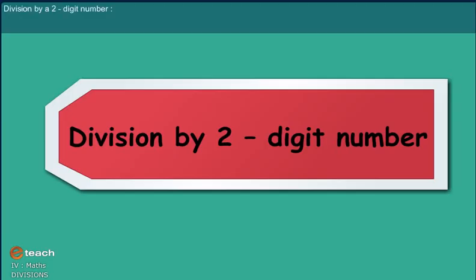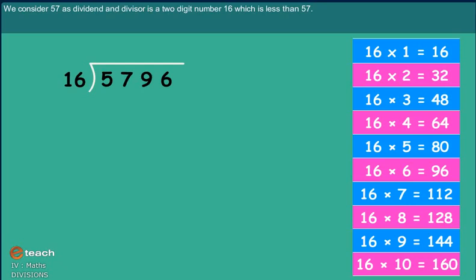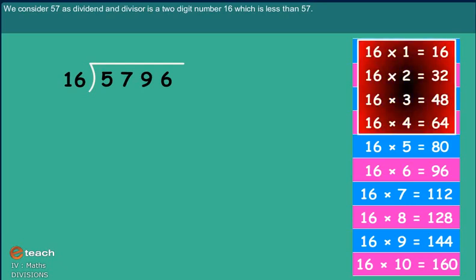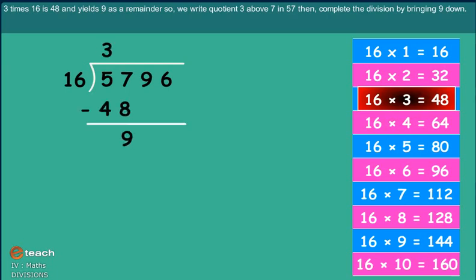Division by a two-digit number. Starting from the leftmost digits, we consider 57 as dividend and the divisor is the two-digit number 16, which is less than 57. 3 times 16 is 48 and yields 9 as remainder. So we write quotient 3 above 7 in 57, then complete the division by bringing 9 down.